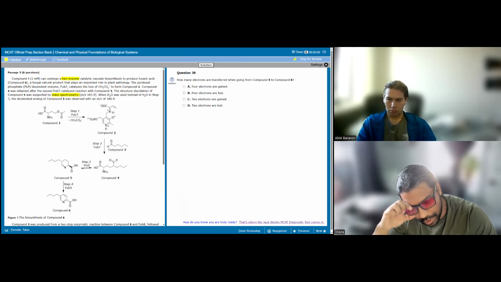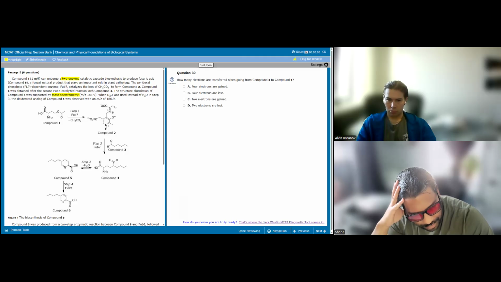Yeah, we are losing hydrogens. So this should be redox then.